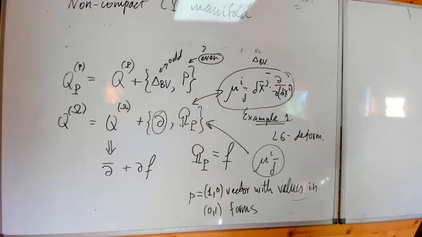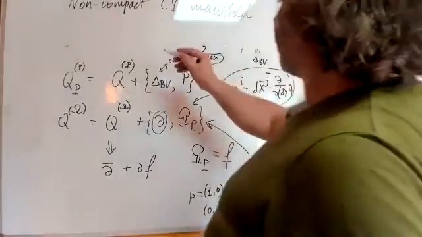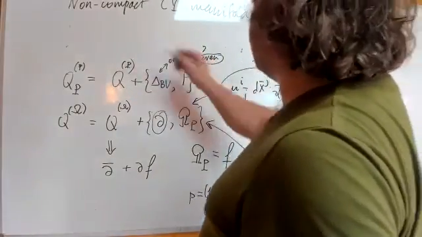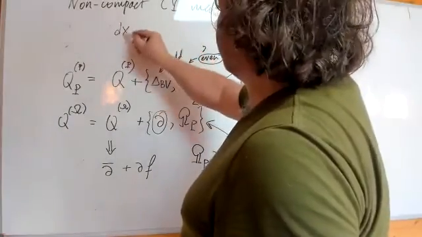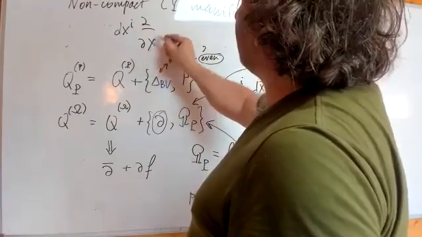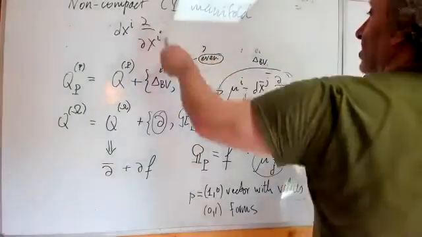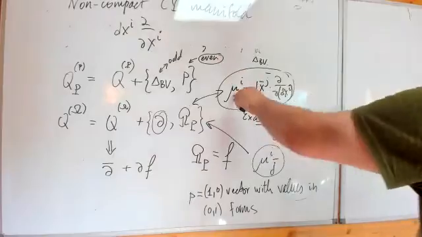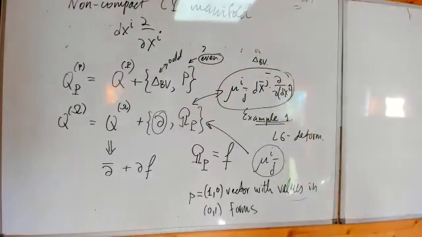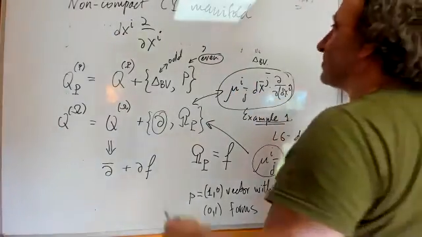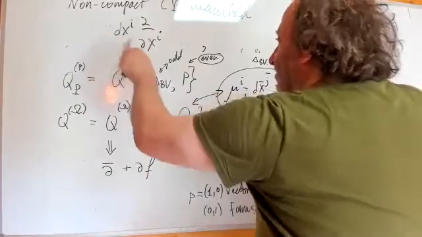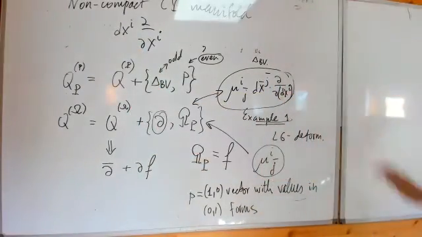So I would like to commute them. And actually, there will be two terms. One term is when differentiation is acting on mu, and another term where this acts here.